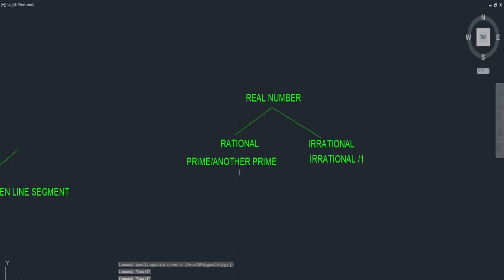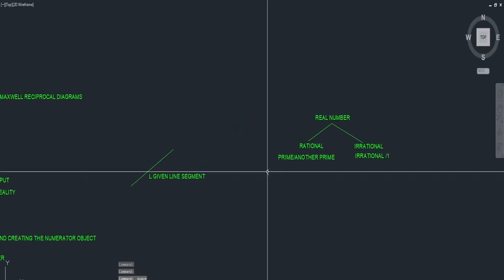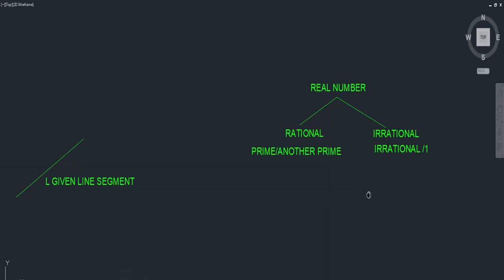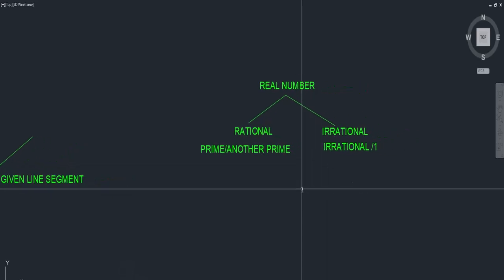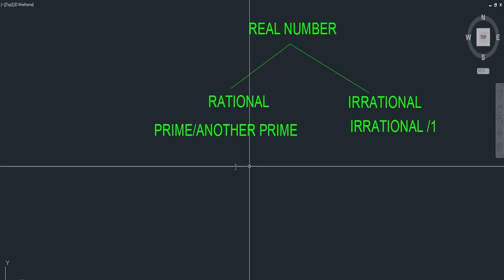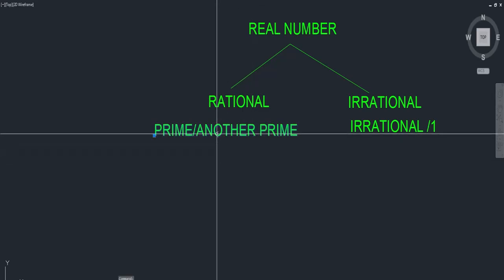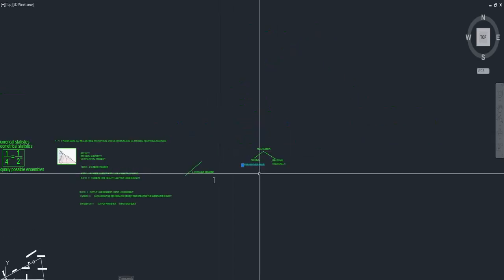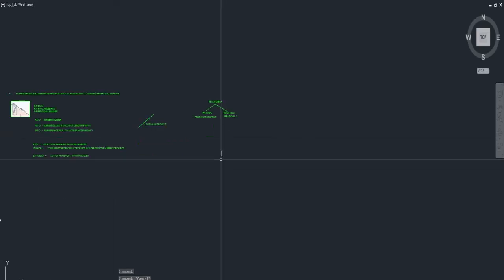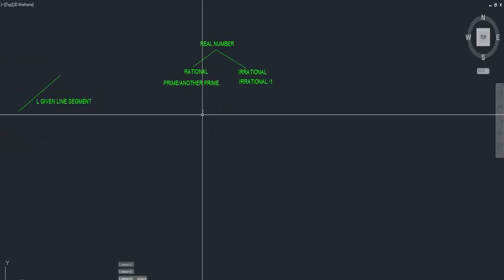If we consider the length only, then we are hiding the reality from our eyes and we will get the partial story. If we don't hide the reality, then we will not take it as a length, we will take the real object as a line segment object, and a line segment divided by a line segment generates a triangle, because here we have seen that a line segment is consumed and two output line segments are generated whenever we take it as a trigonometry ratio.